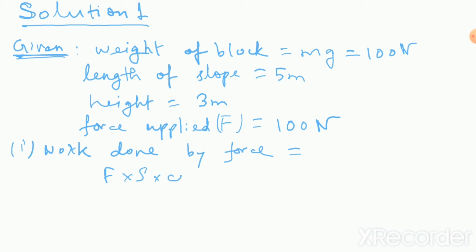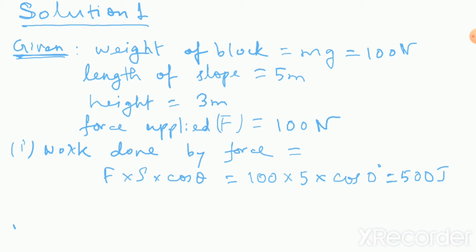The force F applied is 100 Newton, and the displacement s is 5 meter along the slope. As you can see, the displacement and the force applied are in the same direction, so cos 0 degree. So it is 100 into 5 meter into cos 0 degree, which turns out to be 500 joule. Fine, so you have obtained the answer for the first part.